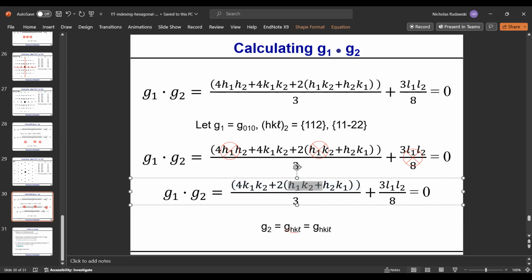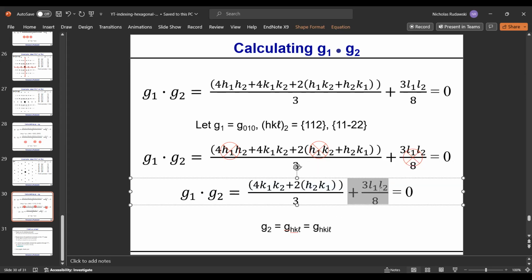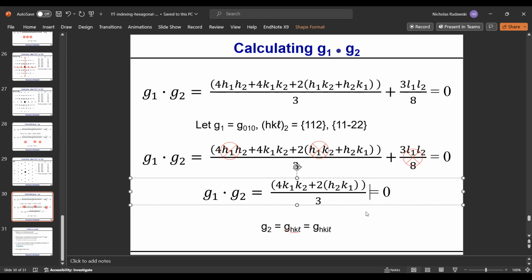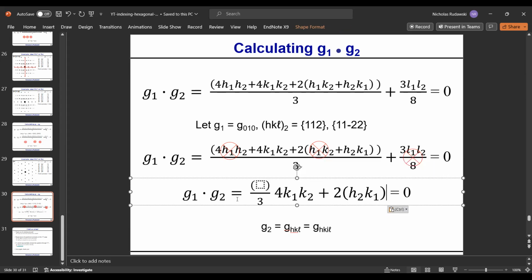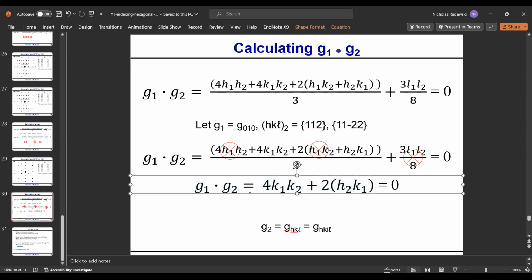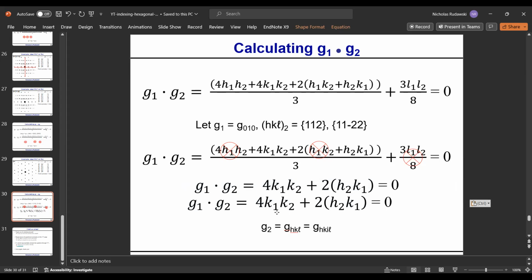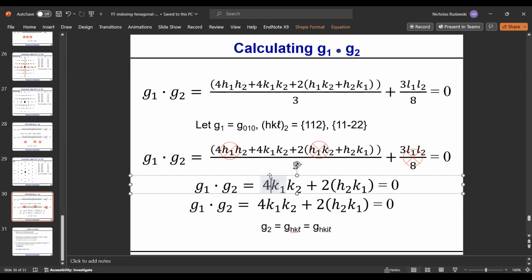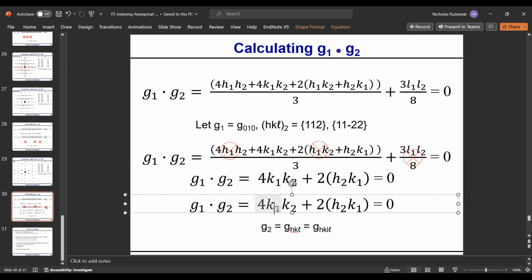So K1 is non-zero. Then we can make the substitution for K1. Since we're assuming that's 1, put 4 in there.